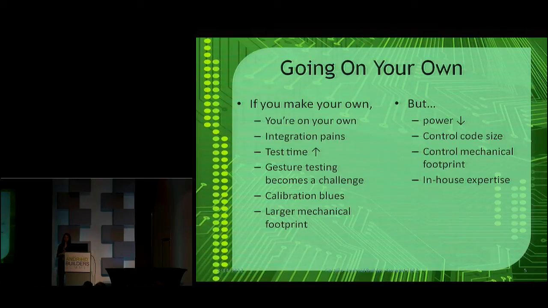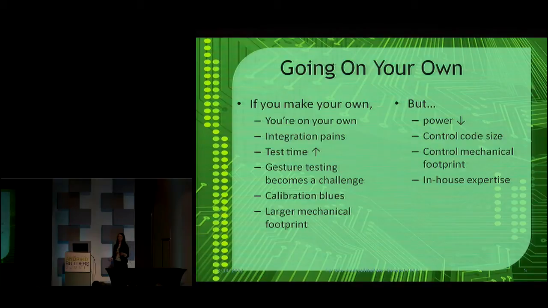If you decide to make gesture recognition a focus of your product, you now need an entire team just to do gesture recognition, gesture collections, so you can then test them with your algorithms. Your calibration strategy will also take more time to develop because it's not being given to you by a vendor. And overall, you'll probably end up with a much larger mechanical footprint. Why? Because your design doesn't fit with the already optimized reference design platform.